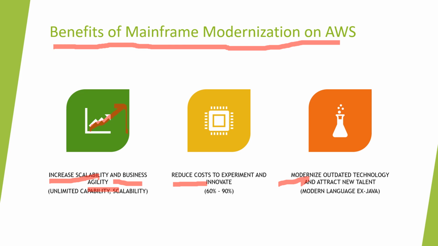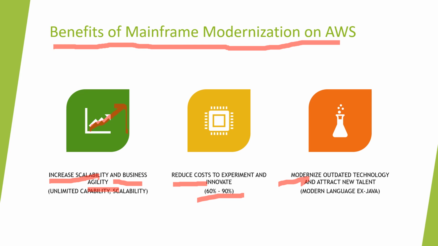The next one is reducing the cost. Once migrated to AWS, customers reduce the cost by 60 to 90%. AWS Cloud allows them to gain flexibility, experimentation and innovation.